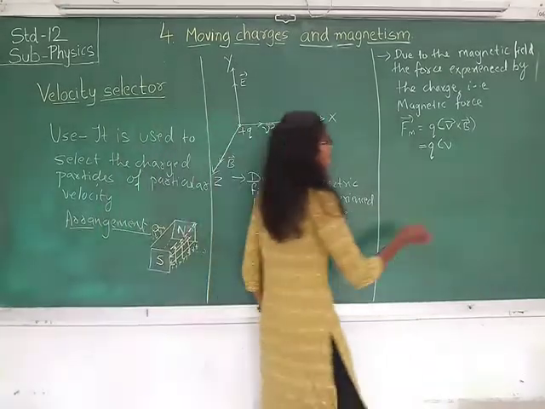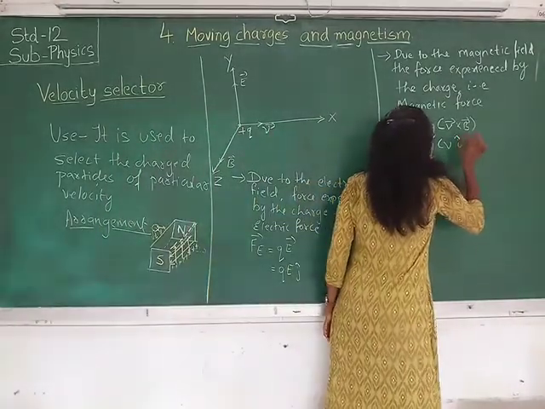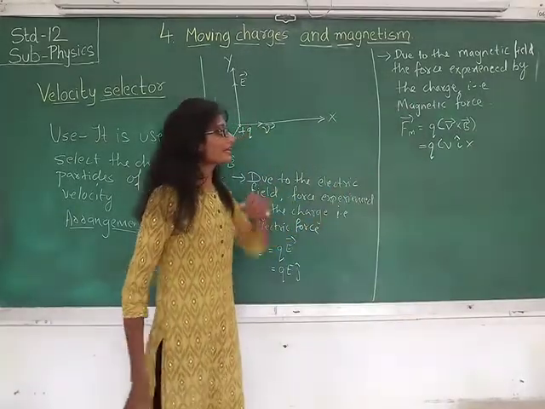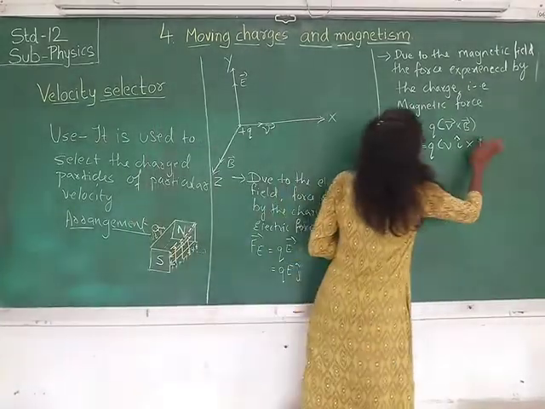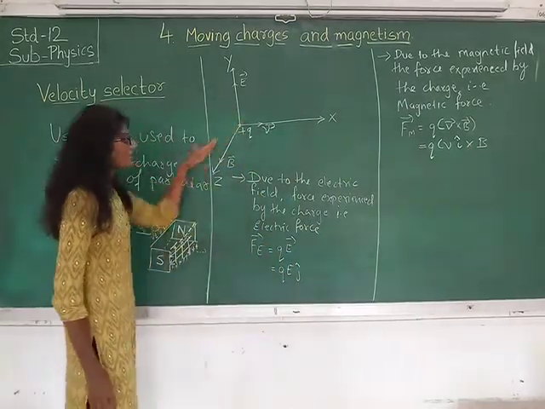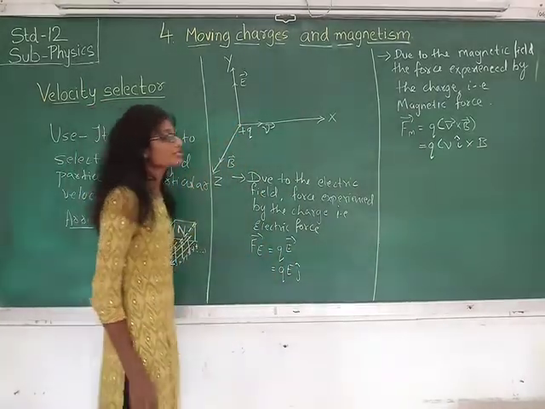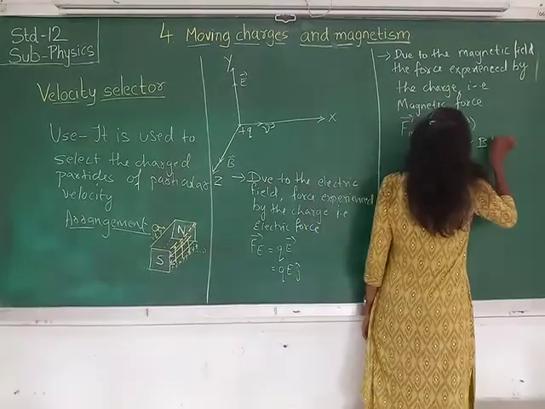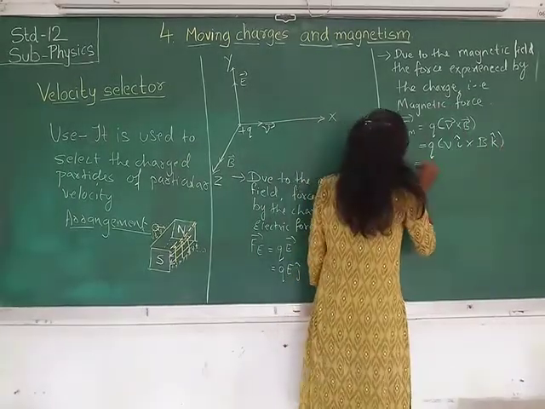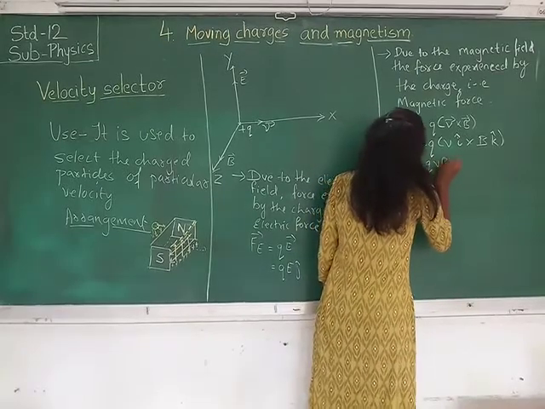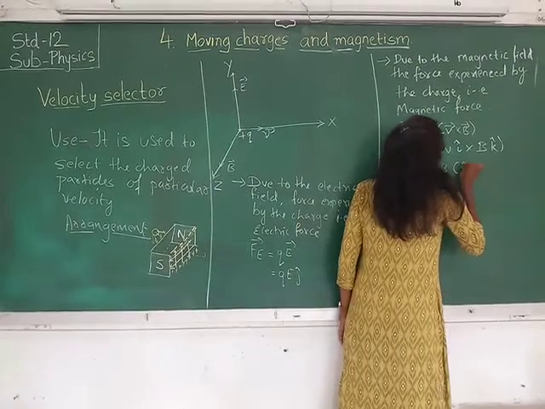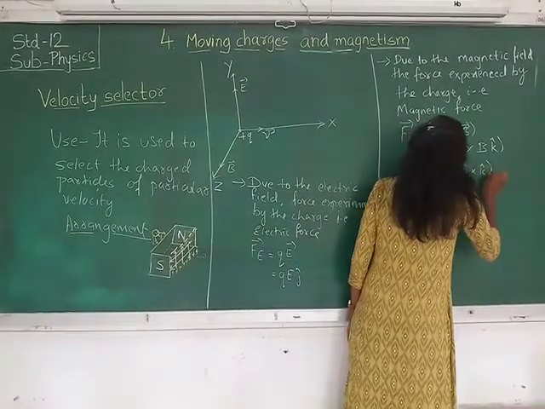So you can write it as i cap, cross magnetic field, that is B vector. You can write its magnitude B, and you can see it is along positive z-axis. So for that you can write it as k cap. So this you can write as qvB, taking magnitudes on one side, and i cap cross k cap.